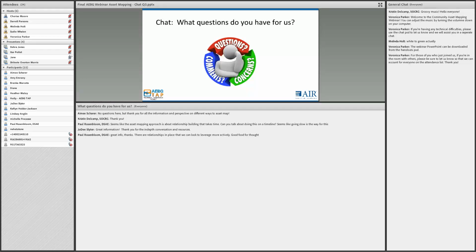So I think one important thing to think of in this situation is that if your asset mapping process starts to get people talking to each other in different ways, then that doesn't stop when your timeline stops.